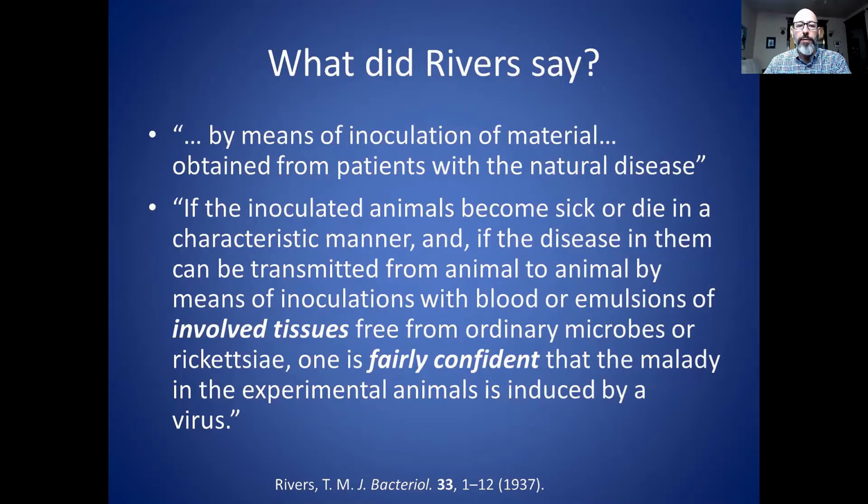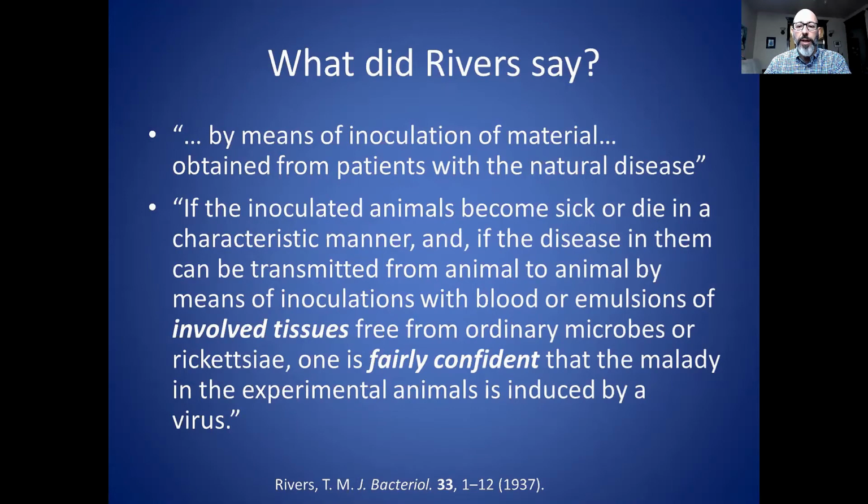He also said, if the inoculated animals become sick or die in a characteristic manner, which means having the same symptoms as the original disease, and if the disease in them can be transmitted from animal to animal by means of inoculations with blood or emulsions of involved tissue, free from ordinary microbes or rickettsia, so in other words, give them a bodily fluid that has been filtered so that there are no other organisms in it that can confuse the issue. It has to be purified.